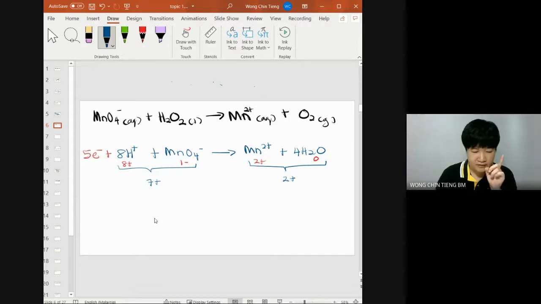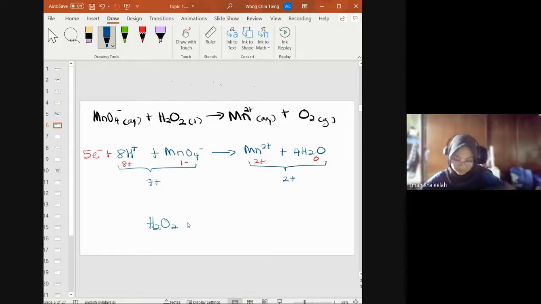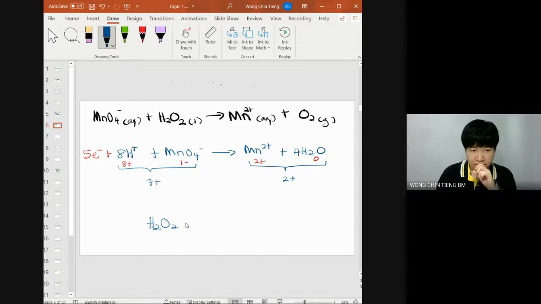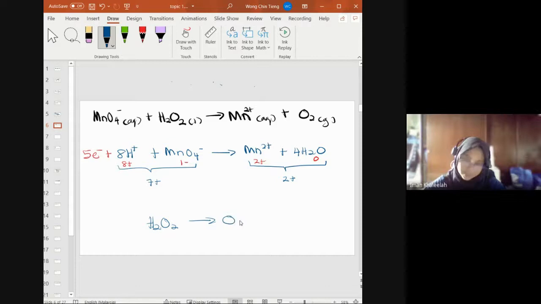Can you read? I want the first half equation. I want the second half equation. Can you read from the left? Your H2O2? Ada tambah apa-apa? Oh, H2O2, okay. H2O2, saya tambah hydrogen ion. Hydrogen ion on the left or on the right? On the right.